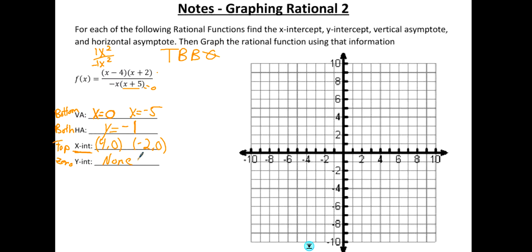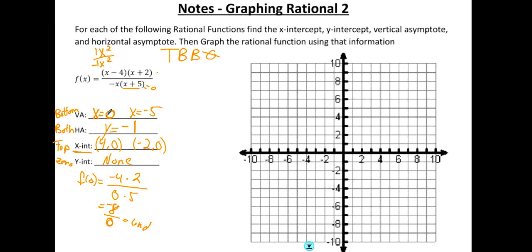If you actually plugged in f of 0, you would have gotten -4 times +2 over 0 times 5, which would have been -8 over 0, and we're not allowed to divide by 0. That makes this undefined. The reason that it's undefined is because that's where we have our vertical asymptote. Okay?